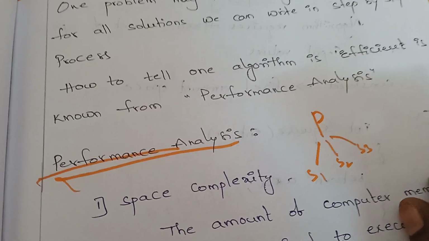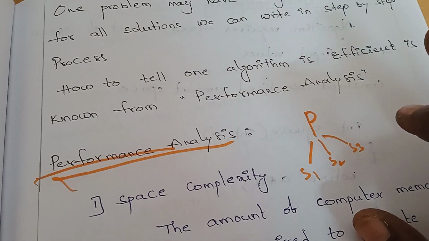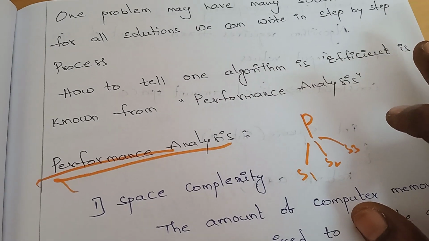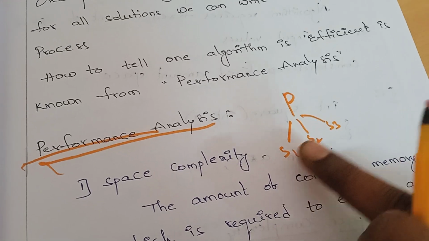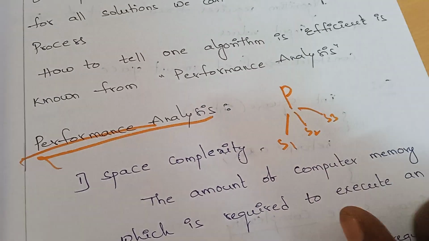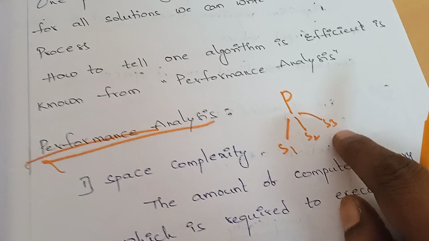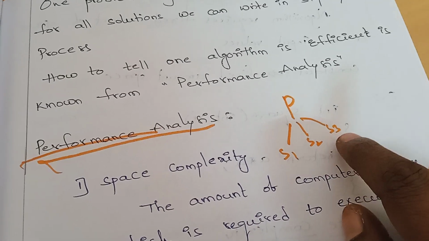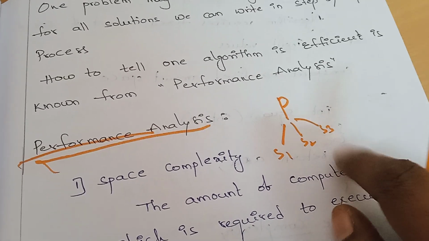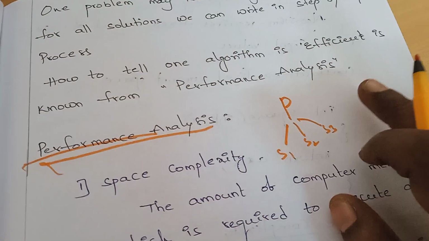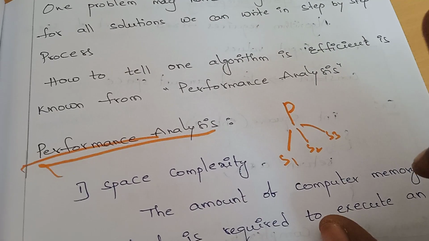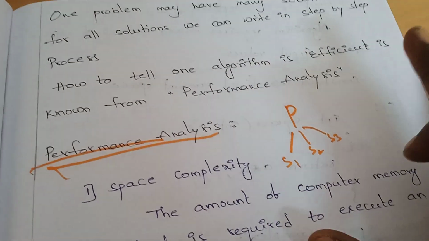Okay, how to tell one algorithm is efficient? I can tell all these are three solutions for this problem. So when I have all these three, which algorithm should I pick in what circumstances, or what is the efficiency of an algorithm, how to know it?